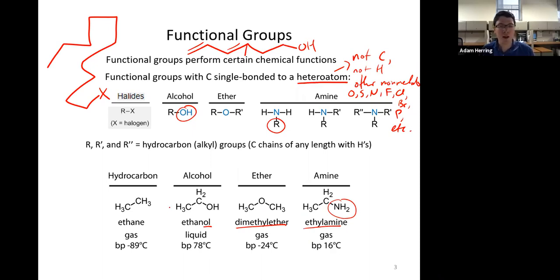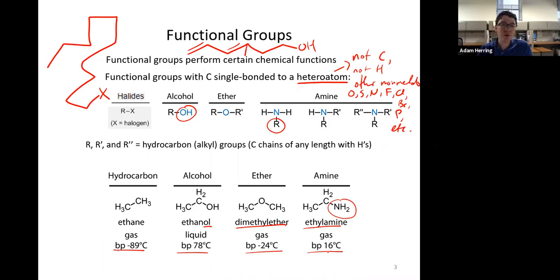And you'll notice that the functional groups lead to different physical properties. If we take a look at the boiling point of the different substances, we see that they vary wildly with the different types of functional groups. We'll go more into depth about why that is later, but what we want to recognize is that the different functional groups will lead to different physical properties.